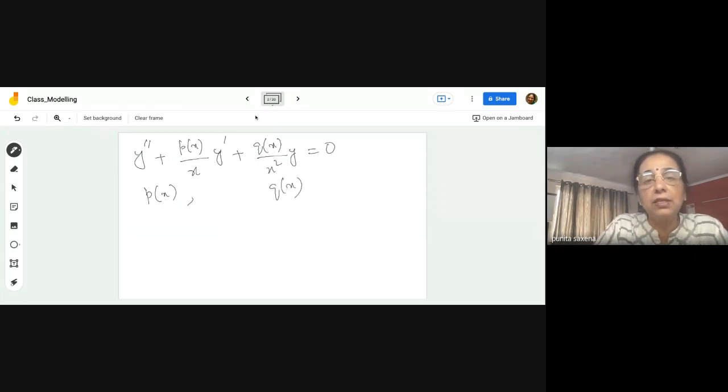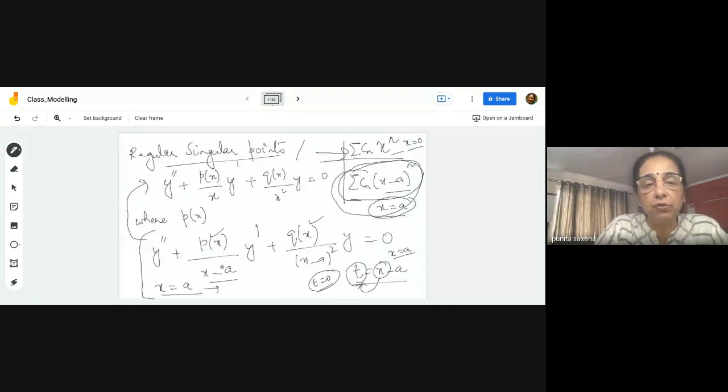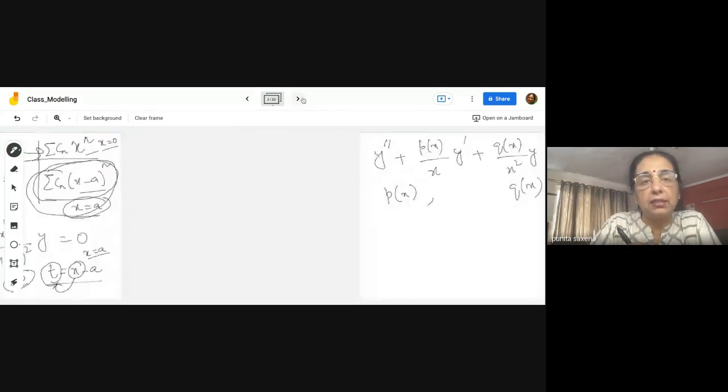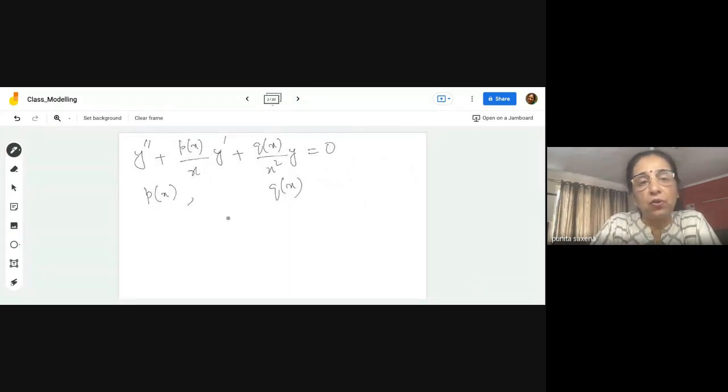Now, the point is, how do we talk about p(x) and q(x)? Like yesterday, we said both p(x) and q(x) have to be analytic at x equal to a, right? Analytic at x equal to a means they should be functions that can be expressed as convergent series, or they are series that converge to some function. So when we are talking at 0, the same definition goes for p(x) and q(x).